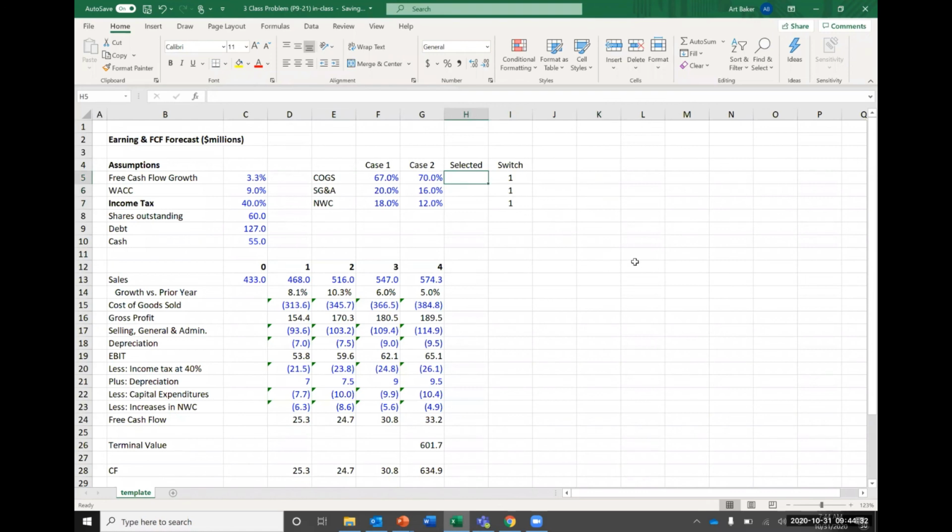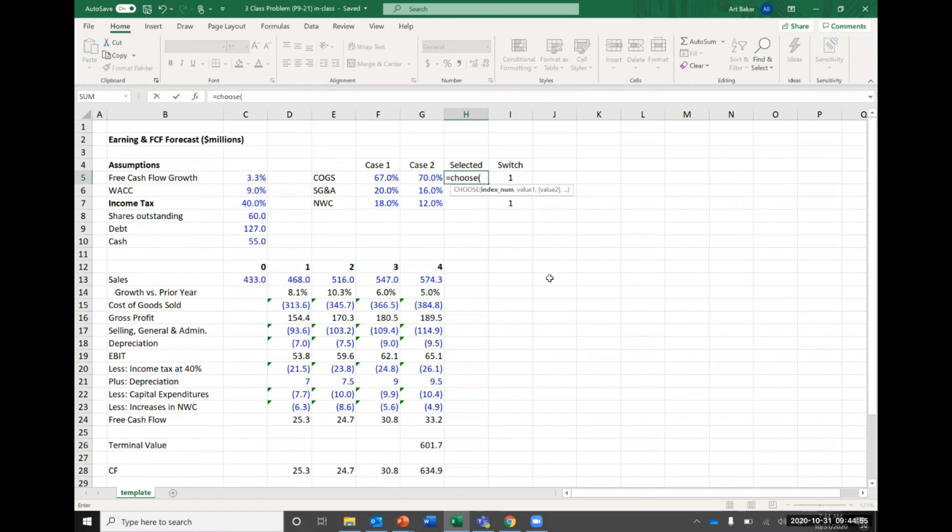But let me create this choose function. It's actually very simple. Well, let me save my work before I do that. Okay, select it. So I'll type equal, and then literally I'll type choose. And here it says index number.